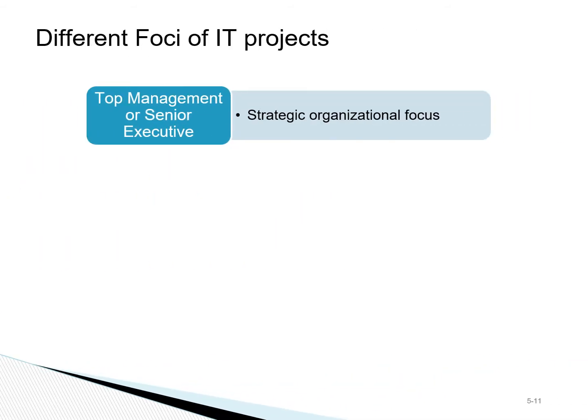Different stakeholders have different foci when they identify IT projects. For example, typically senior executives identify IT projects that have strategic focus. When I was overseeing the technology for probation and pretrial services officers, the federal probation leadership decided to become an outcome-focused organization.